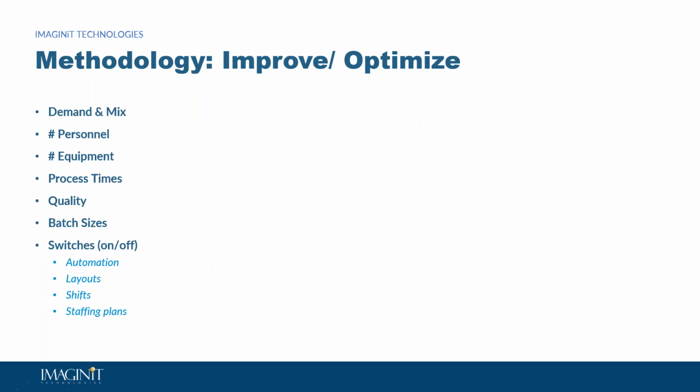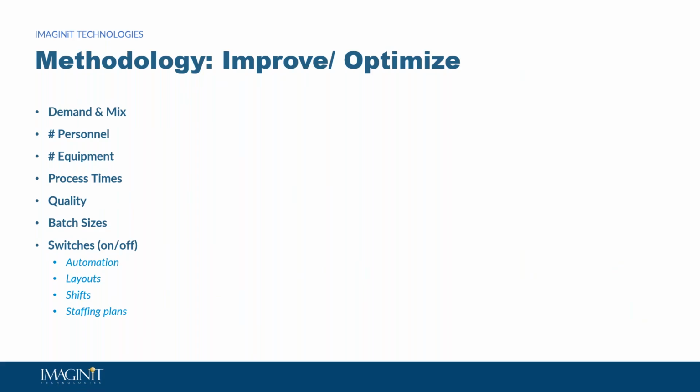So our next step is looking at how we now improve the process that we have. Anything that is an input to the model is changeable. So if it's your demand, how many people you have, how many machines you have, anything that's numerical is easily changeable.